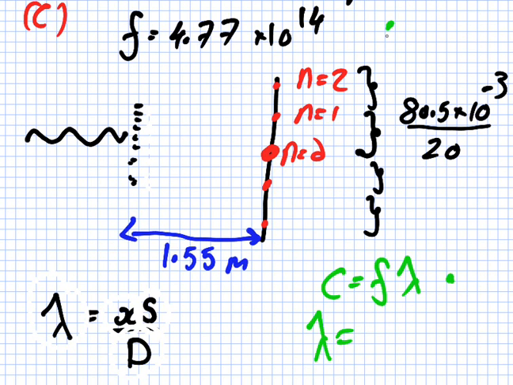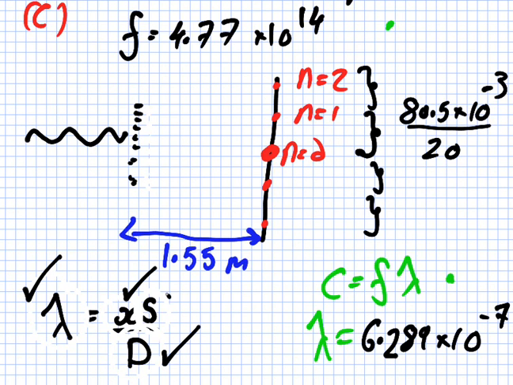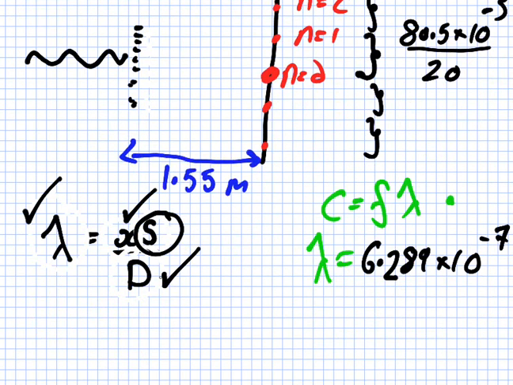So before I get the s, I have to get the lambda. 3 times 10 to the power of 8 divided by 4.77 times 10 to the 14. I get 6.289 times 10 to the minus 7. Okay, so now I know the lambda, now I know the x, now I know the d, so I can find the s, no problem.